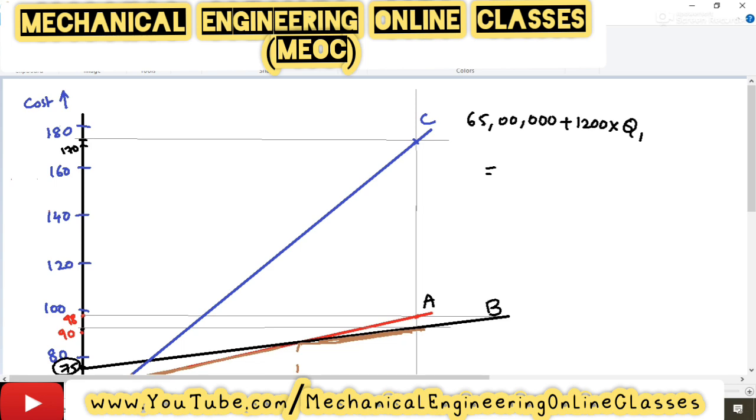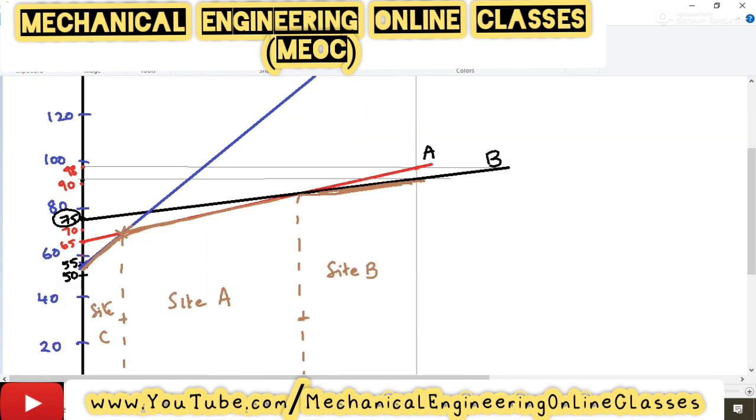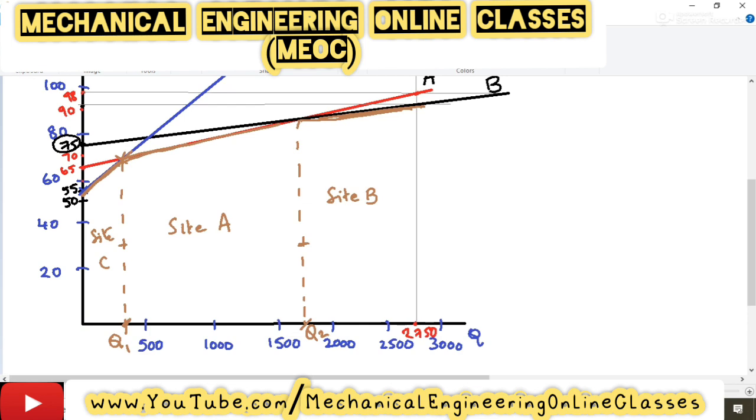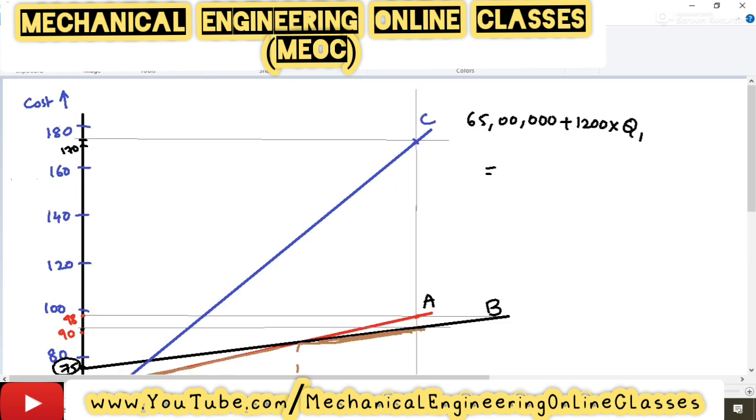This is the total cost line of site A, which should be equal to the total cost line of site C, which is 55 lakhs plus 4250 into Q1, because the quantity of production is same.